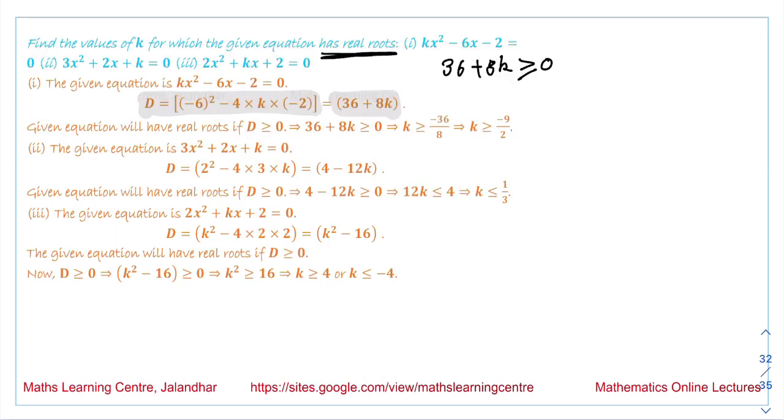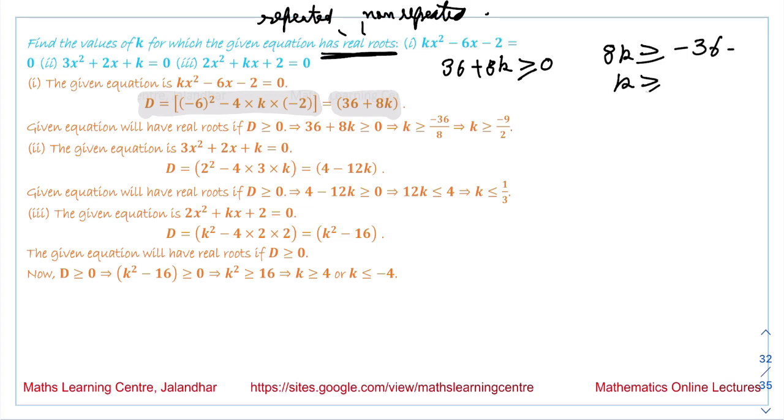It has real roots, it means it may have repeated or non-repeated roots. Both cases are there. If we subtract 36 from both sides, we get 8k is greater than equal to minus 36. So k is greater than equal to minus 36 by 8. This gives us k is greater than equal to minus 9 by 2.